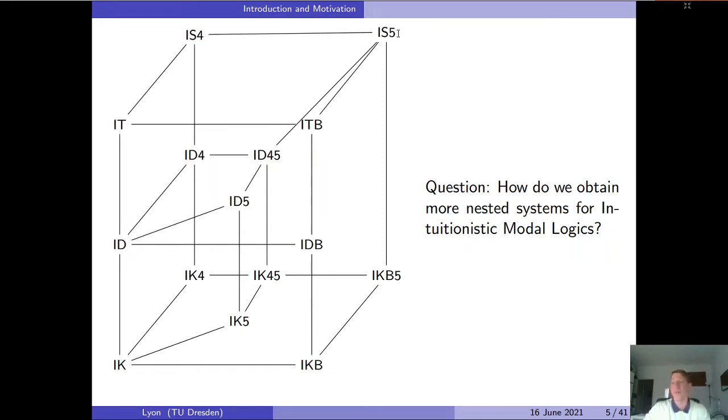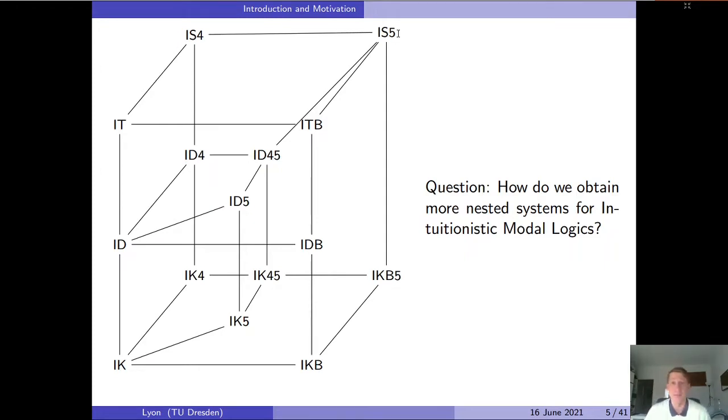And so this open problem that I mentioned earlier, which was put forth in Strassburger and Marin's 2014 paper, is how do we obtain label-free systems, in particular nested systems, for intuitionistic modal logics outside of this intuitionistic modal cube?